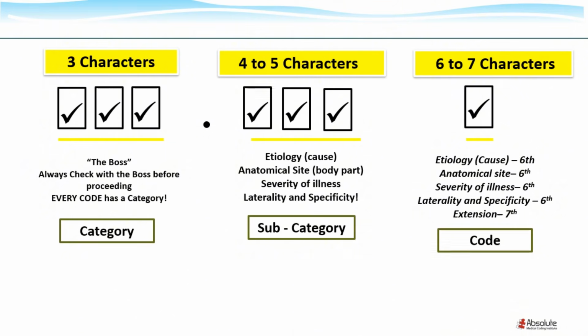It gives you much more information about that disease. I can show you better than I can explain it, but you can often find your extension in the seventh character extender box. We're going to take a look at it shortly.